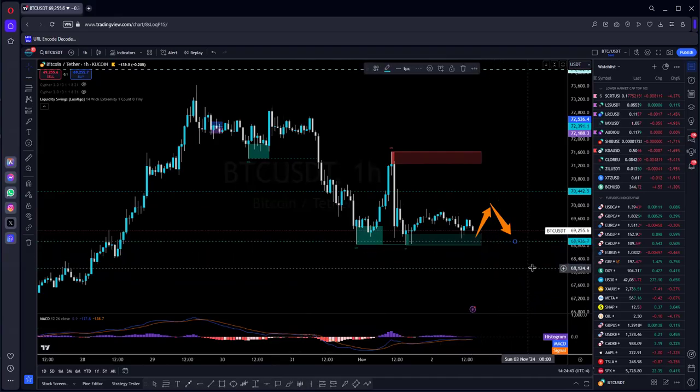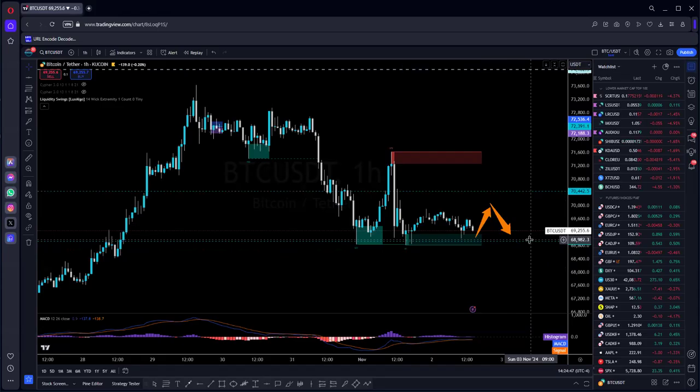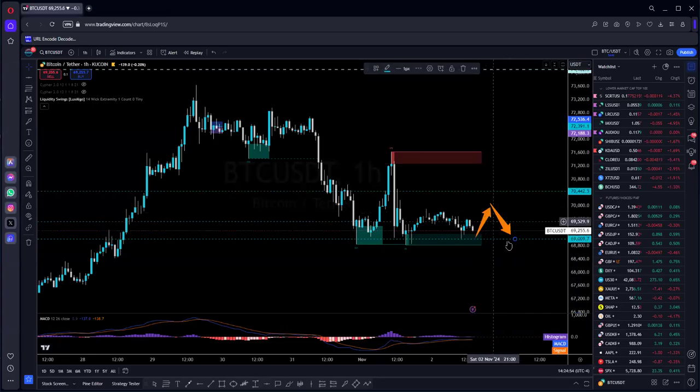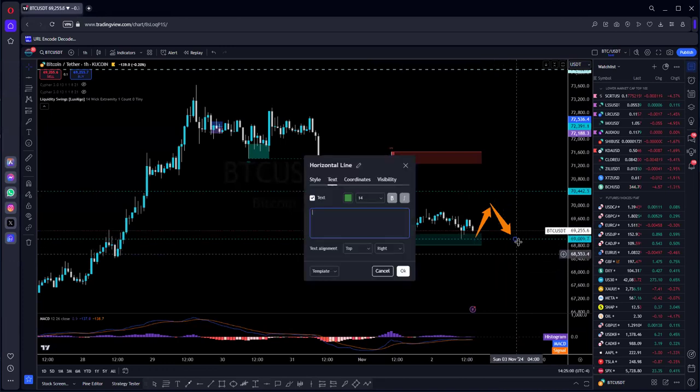So around this level, it's been consistently dropping. So 68,936. So let's say you don't want to buy into the price now at 69,255 because you believe that Bitcoin will retrace into 69,000. Then you can place a buy limit order right here.